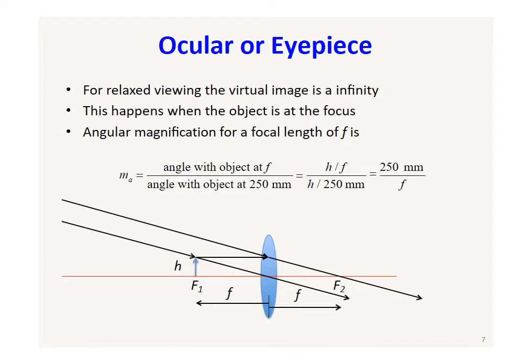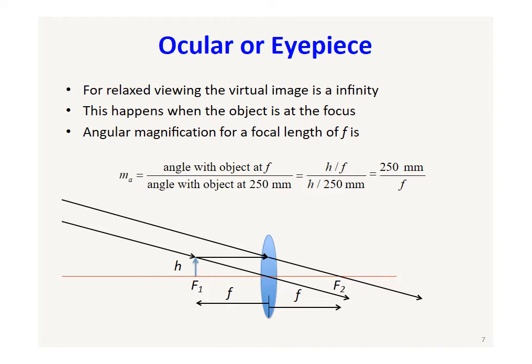So here is an example of the ocular or the eyepiece, and we're going to be using this lens in a couple of compound lens systems shortly. This is essentially a magnifier, except we're not viewing an actual object with this when it's behaving as an eyepiece.